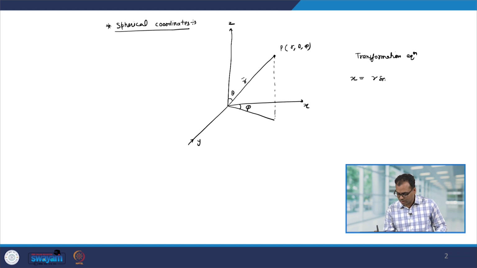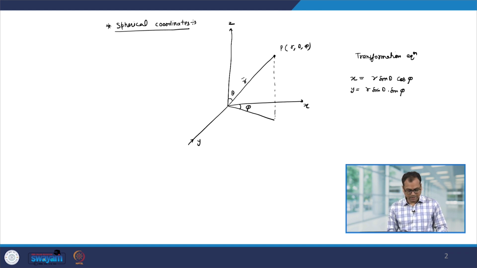So, this is r sin theta and then its projection along the x axis, therefore, it will be cos phi. Similarly, y will be r sin theta sin phi and z will be r cos theta.